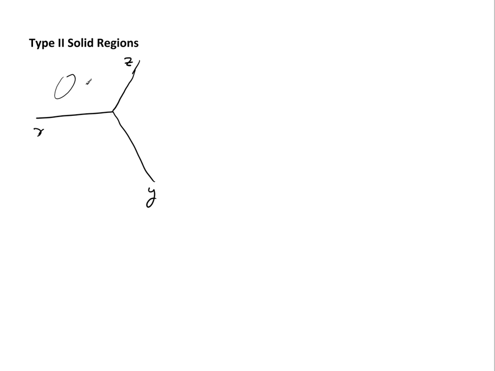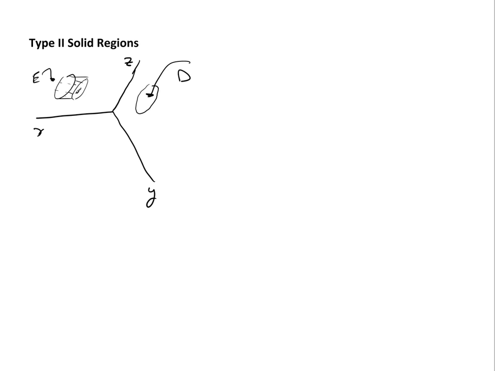Just make it kind of like a cylinder. So here's my solid E. Oops, it comes back that way. Okay, here's E. And then this projection D is over here on the yz plane.